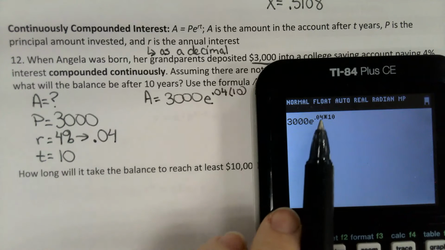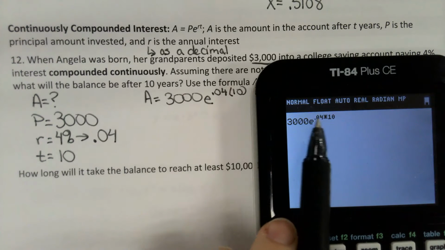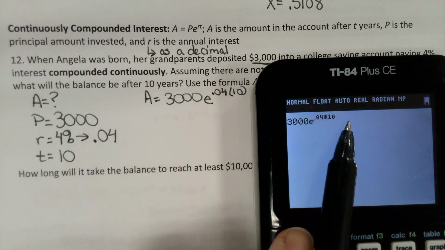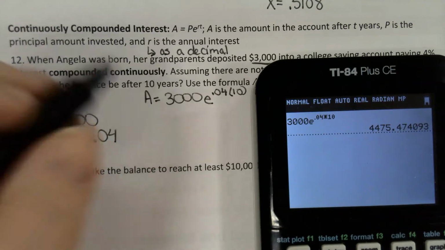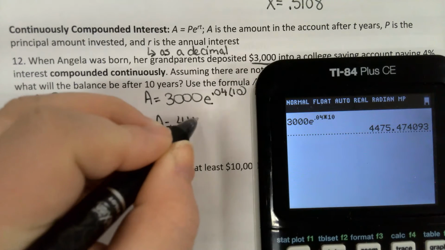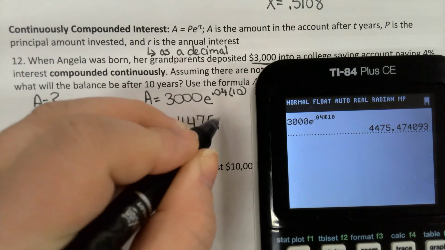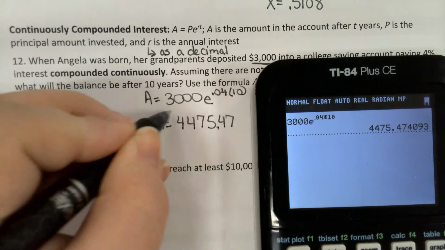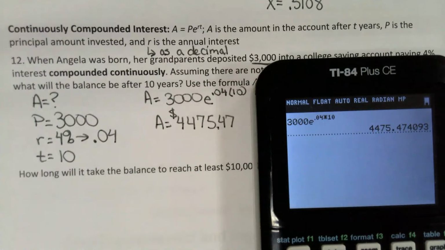Now, if your calculator does not give you the exponent actually in the exponent location, make sure that you put your exponent in parentheses. A is equal to $4,475.47. Whenever you're trying to find money, you always round it to dollars and cents, which is 2 decimal places.